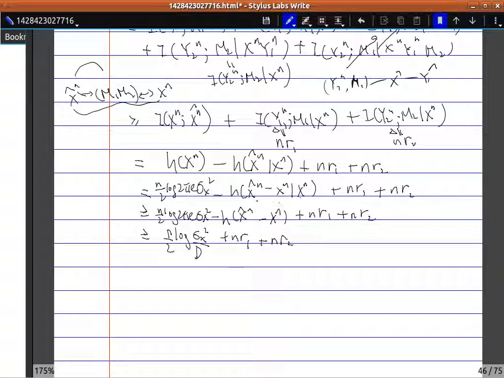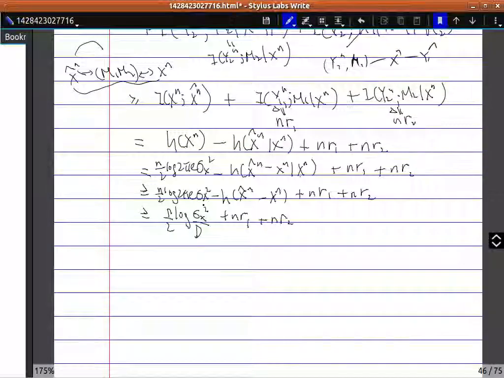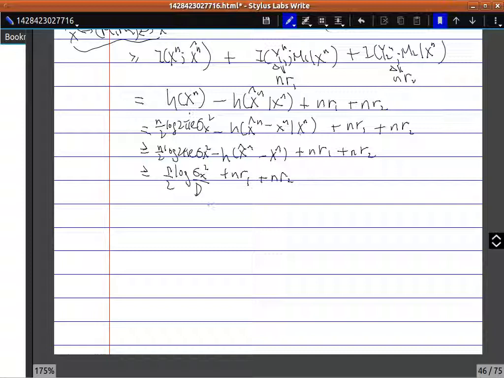If I remove that, this will be a bigger entropy, so therefore I will have a bigger sign here because I have a minus sign here. And for this h(xn), I know that it is just n over 2 log 2 pi e sigma x squared. And this is actually just equal to, this is the distortion, right?